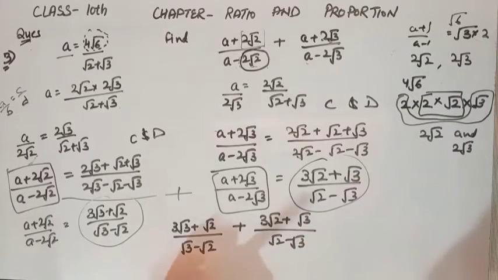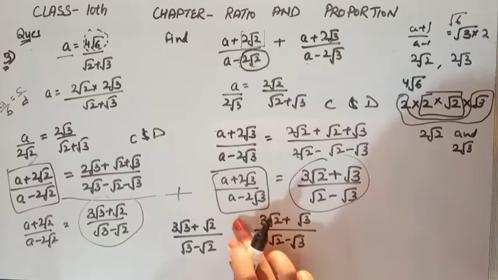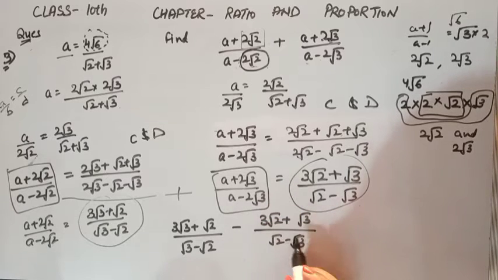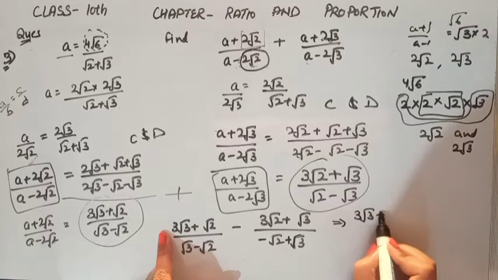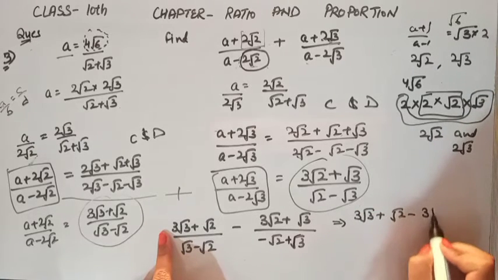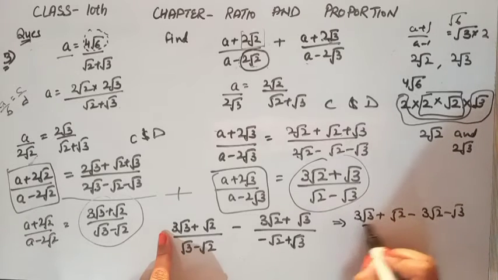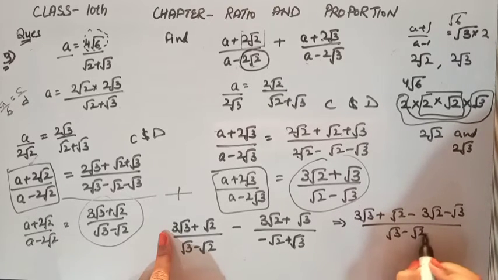And now see over here. In here it is root 3 minus root 2, and here it is root 2 minus root 3. It means if we take minus common, the denominator will become the same. So the denominator sign will change. If we take the minus sign over here, the denominator will become root 3 minus root 2. So 3 root 3 plus root 2 minus 3 root 2 minus root 3 upon root 3 minus root 2.